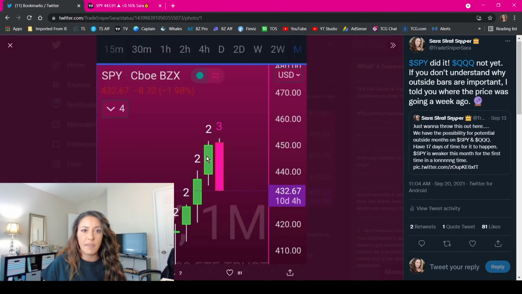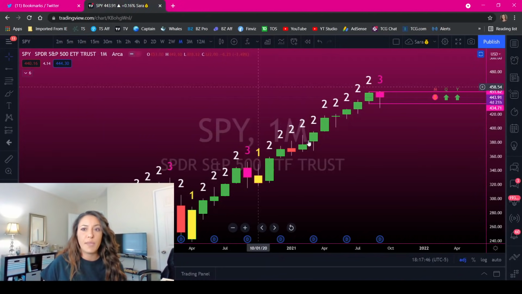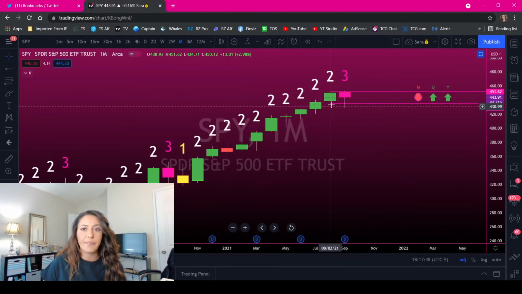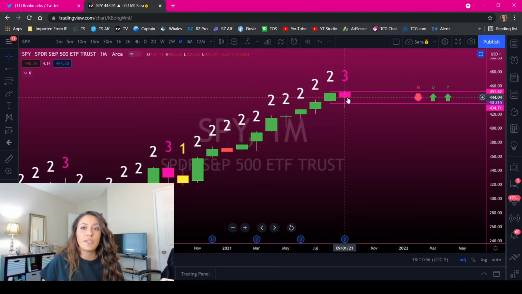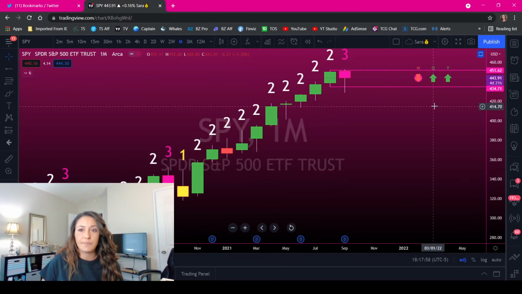This is the SPY monthly. And I said, we did it. We achieved our target. Most people think that we go short when we hit the previous week's low. That is incorrect. We are assuming we're going to get an outside bar.